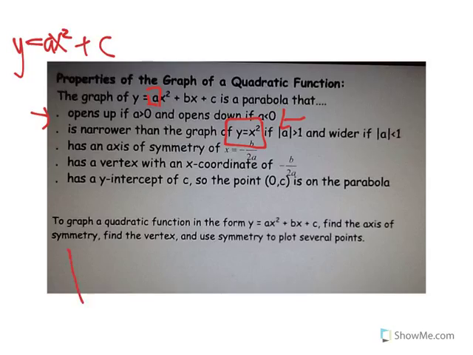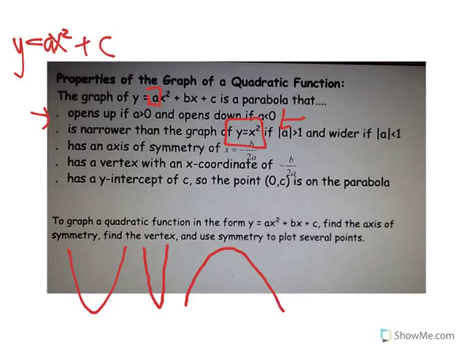So if you imagine this being y equals x squared, then if the absolute value of a is greater than 1, it's going to be narrower. It might look like that. And if the absolute value of a is less than 1, then it's going to be wider. So if we reverse it, it might look like this.